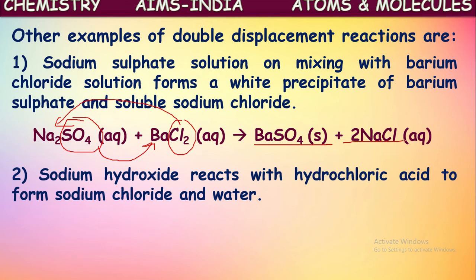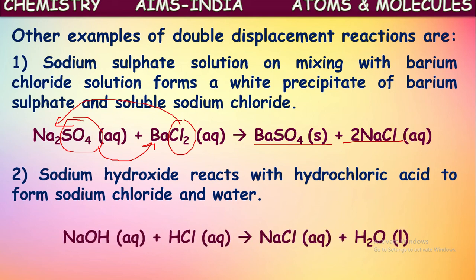Let us see one more example. Sodium hydroxide reacts with hydrochloric acid to form sodium chloride and water. See the equation: sodium hydroxide and hydrochloric acid. We can say this also as a neutralization reaction, isn't it? Because here a base and an acid react together to form a salt and water.